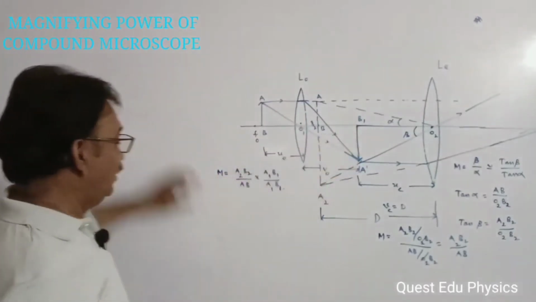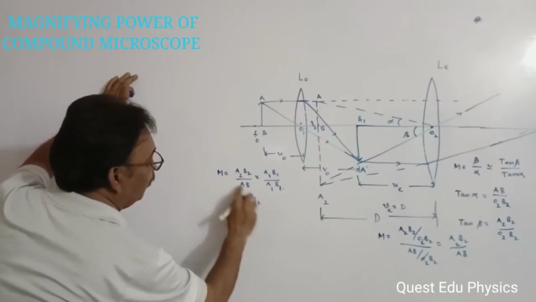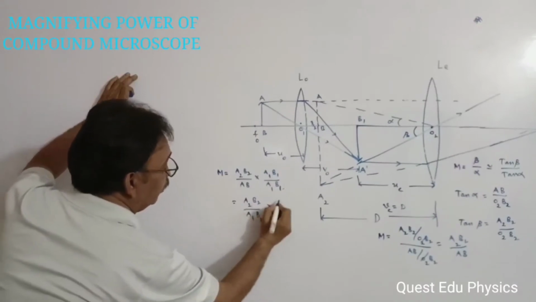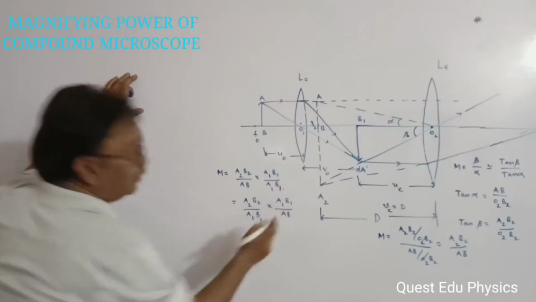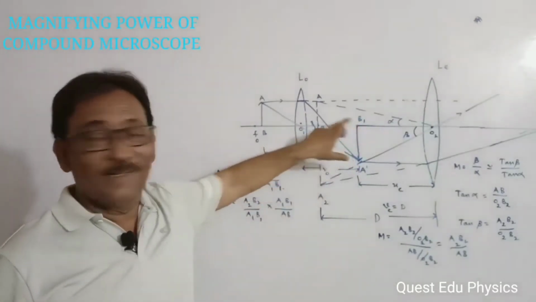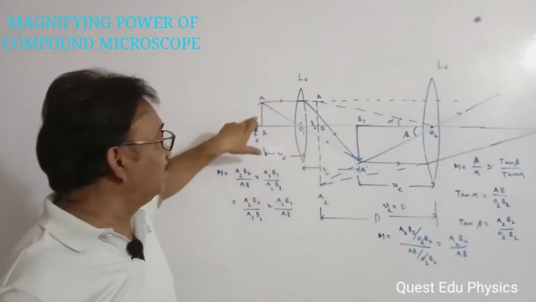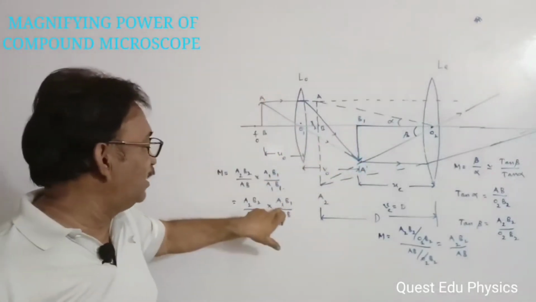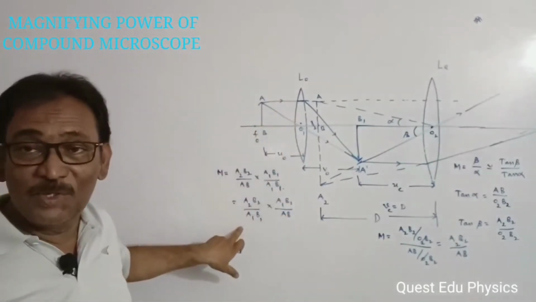Now here, what is A1B1 by AB? A1B1 is the image, AB is the object. As you know, it is the magnification, height of the image by height of the object. It is a magnification produced by the objective, and this is a magnification produced by the eyelens.